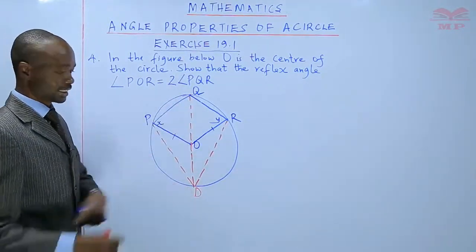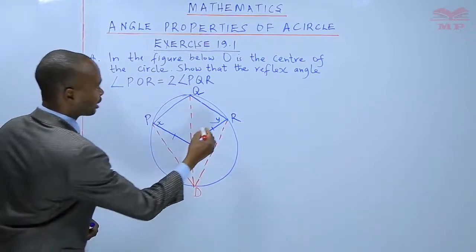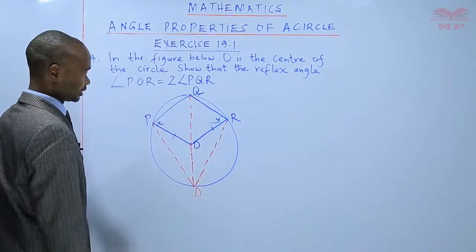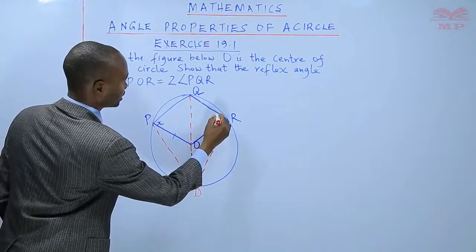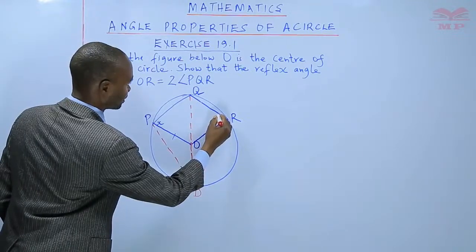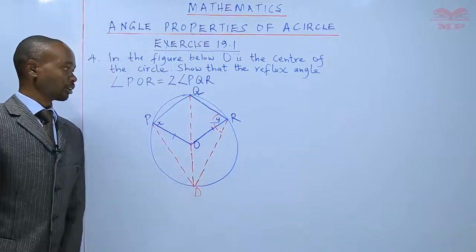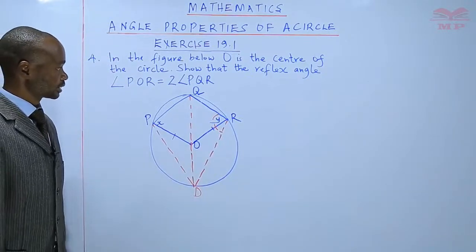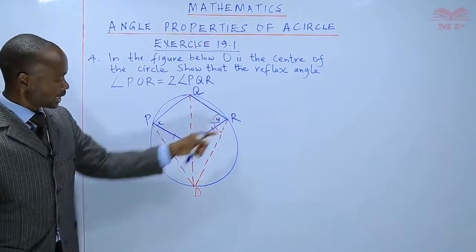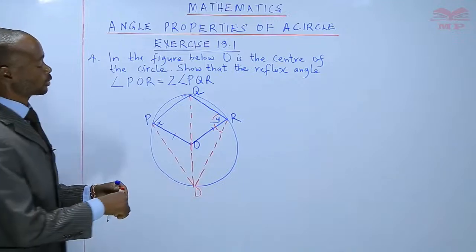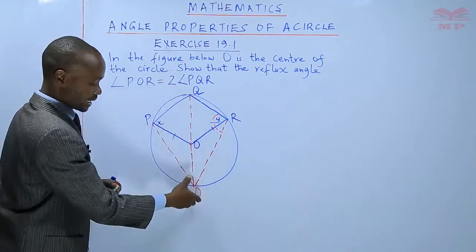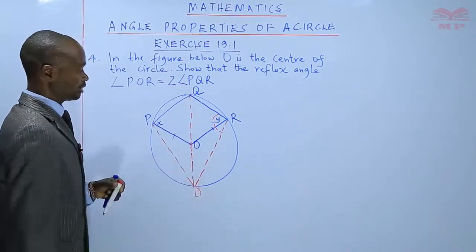Chord QD is the diameter. So this angle, it is subtending, isn't it? There is an angle it subtends here, the whole of that angle. Angle QRD is a right angle because it is subtended by a chord QD, which is the diameter.